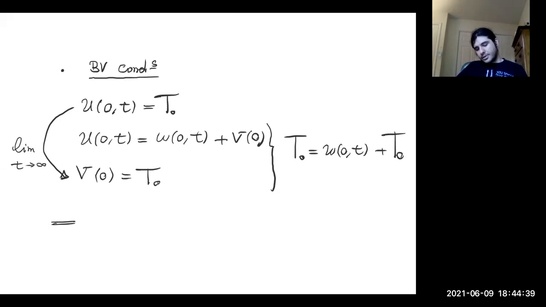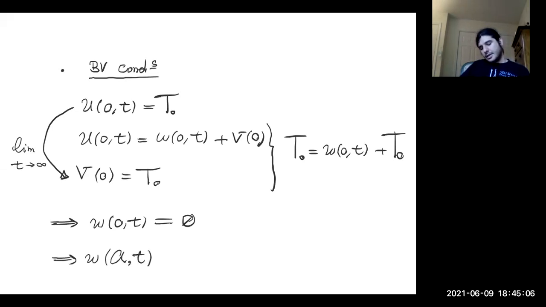Therefore, the boundary value condition for w is this: w of 0 and t is equal to 0. So it's not equal to some constant. It is a known constant, but it's some constant t naught. It's just equal to 0. In a completely similar way, we can see that the other boundary condition translates to this one for w: w at the point a and t is also equal to 0.